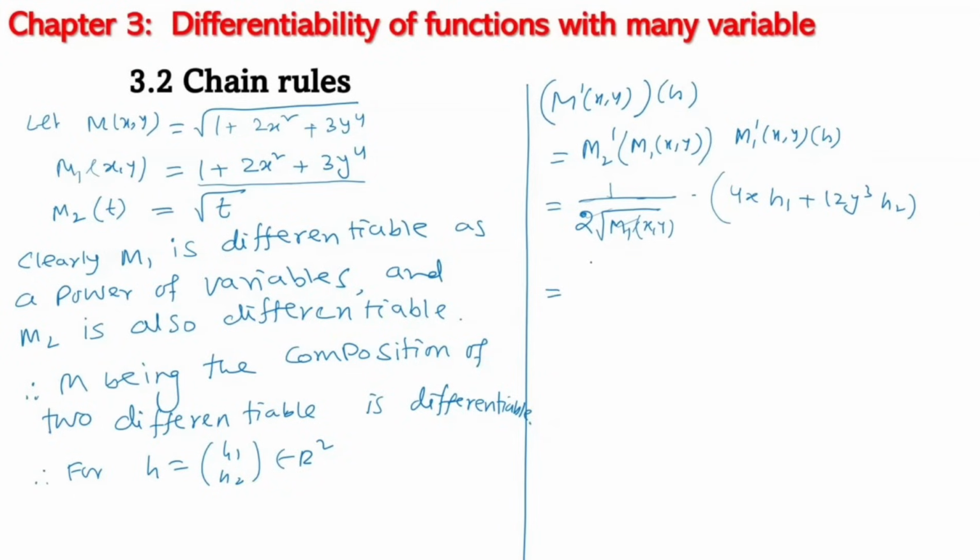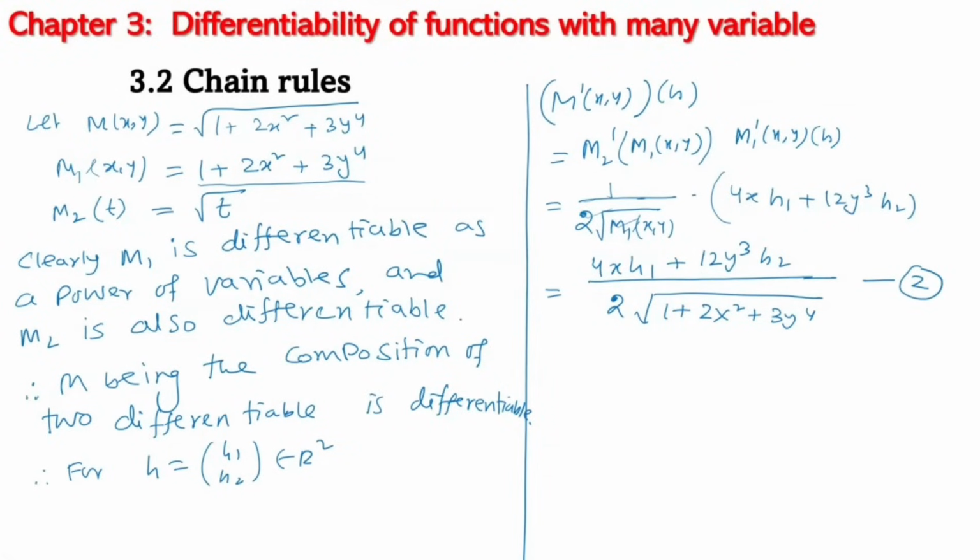So you will get 4x h1 plus 12 y to the power 3 h2 over 2 square root of 1 plus 2x square plus 3y to the power 4.